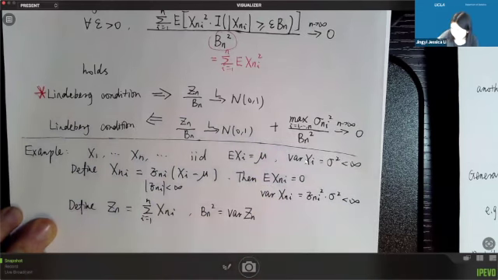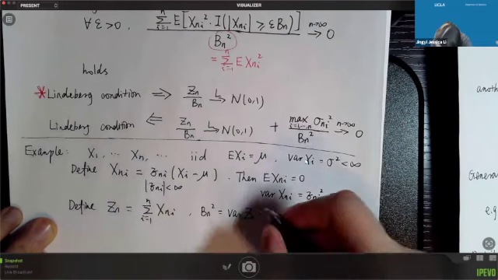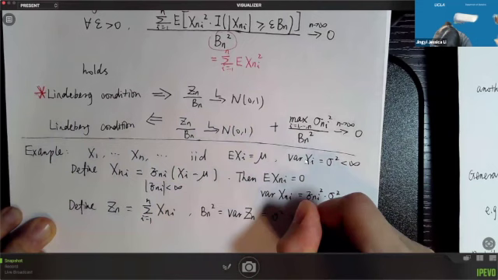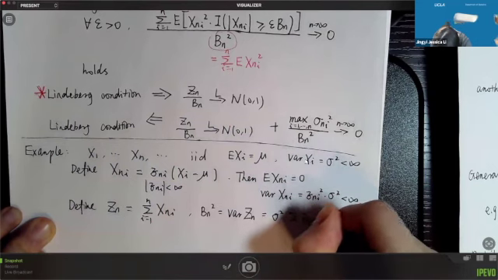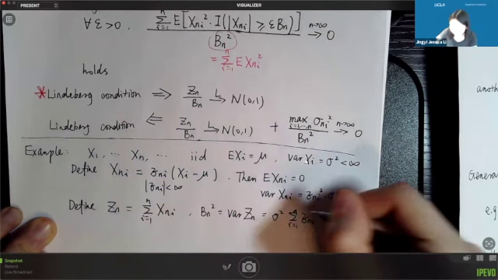Here it's very clear that this is equal to sigma squared times the summation of Zni squared, i from 1 to n. That's Bn squared.